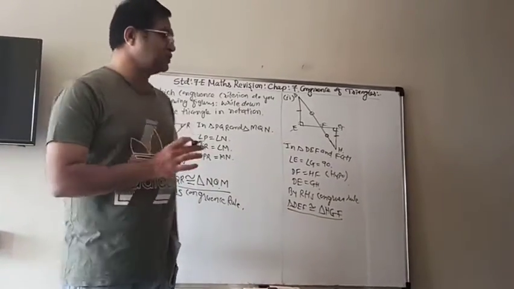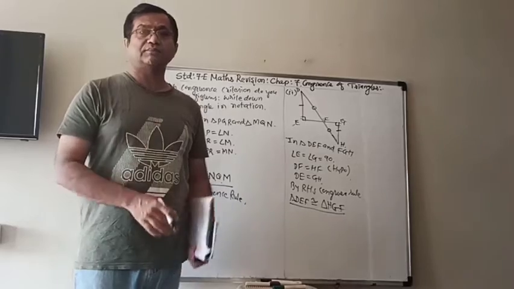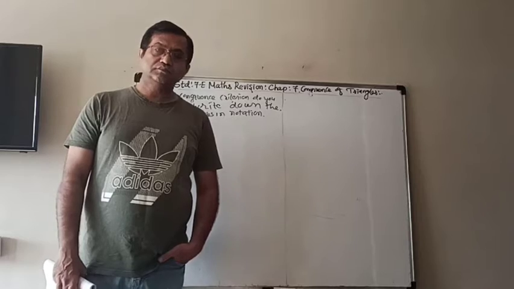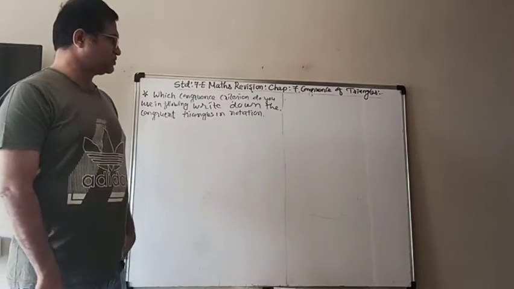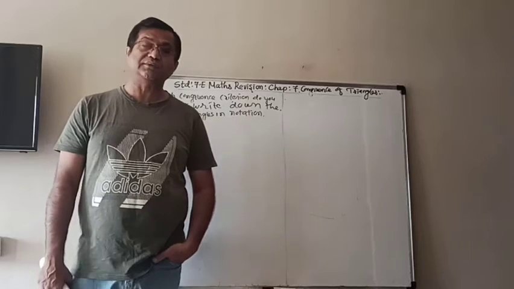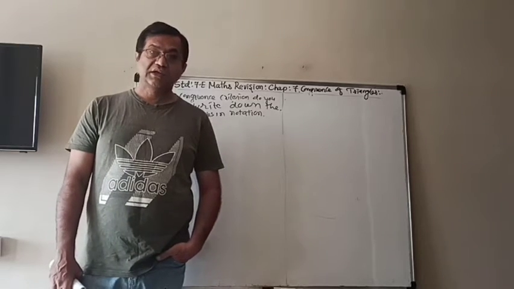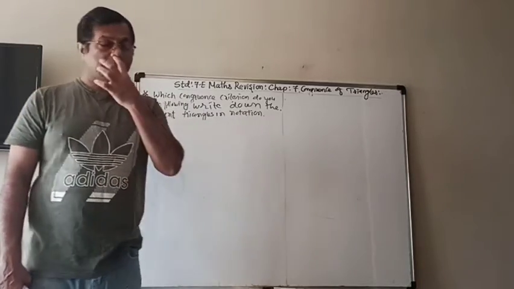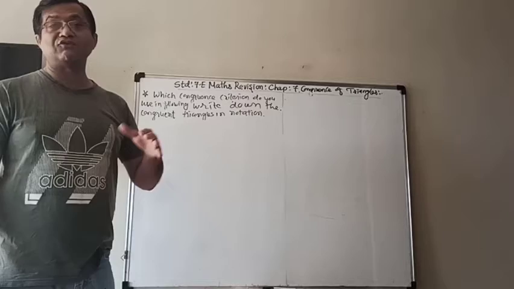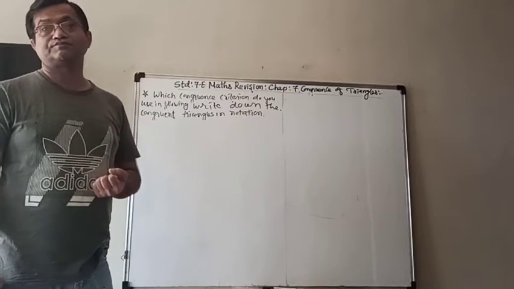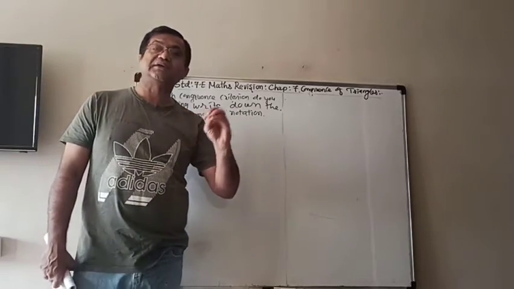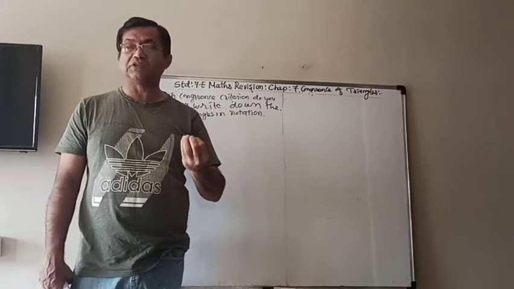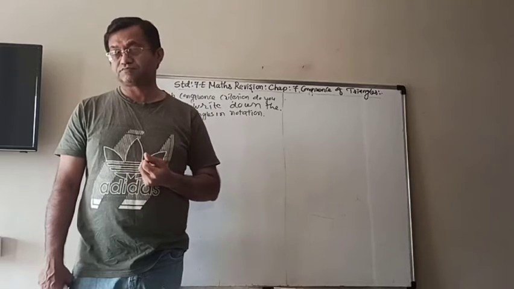So congruence rules are very, very important. In this way you can write like this. Now there are different types of sums in which the figure is not given, but some congruent parts are given, and then we have to check by which criteria the two triangles are congruent, and do the same thing, writing down the notations.